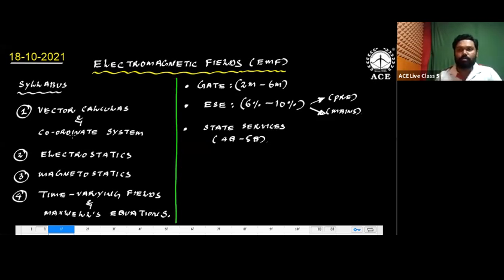The answer is no. Suppose you want to understand the working principle of a transformer, or the working principle of a motor or a generator, or how the energy is stored inside a capacitor, or how the magnetic field is stored inside an inductor, or how EM energy propagation happens over long length transmission lines. Like this, I can list out so many things.